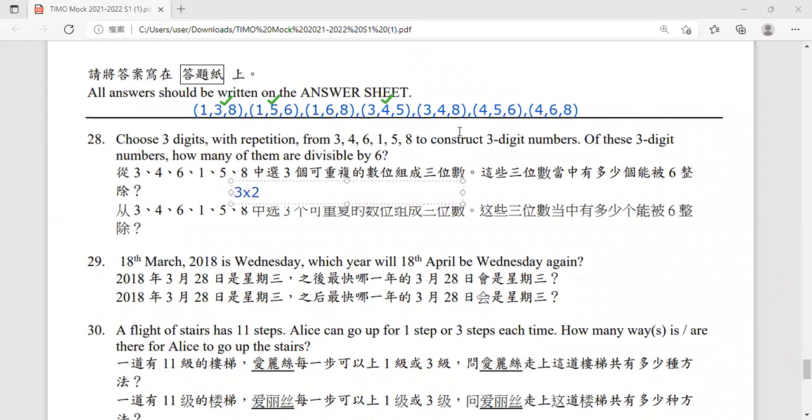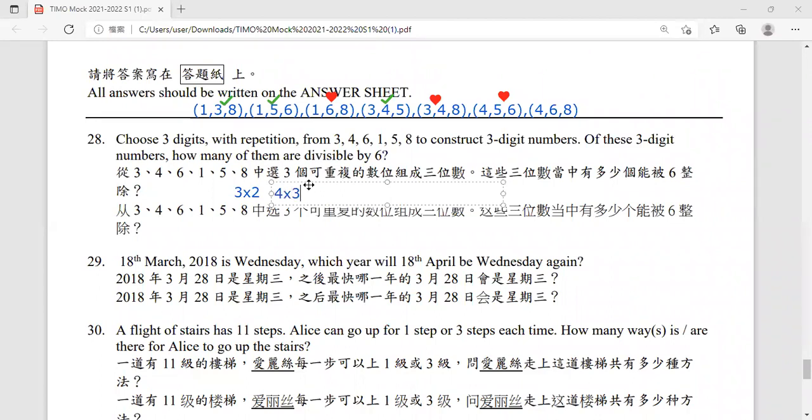And for this 1, 2, 3, I have to end with an even number. So for this 3, 1, I will have 4. I have only 4 combos, 4 times 3.